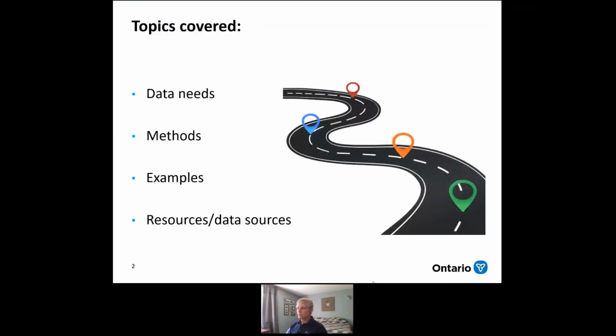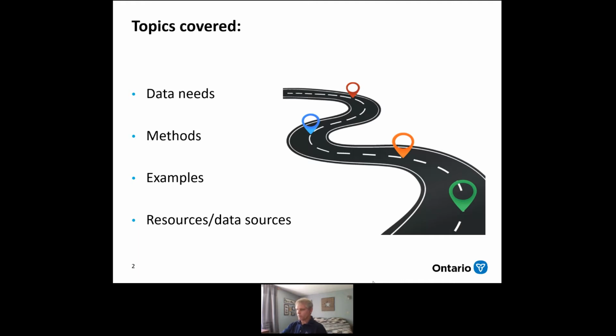Not necessarily in a linear point-by-point fashion, but by the end of this, we'll touch on some of the data needs, a few of the different methods that I'm going to present, map out a few of the examples, and then also point to some of the resources and data sources that are available that can give you a bit of a hand in putting some dollar signs to some of the production figures that you have.